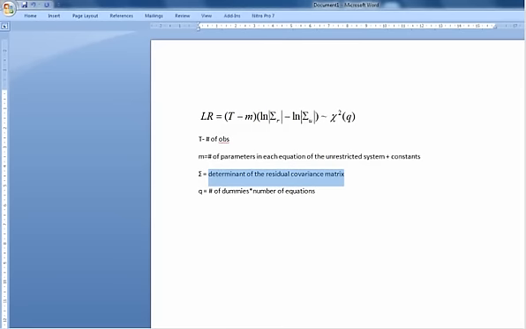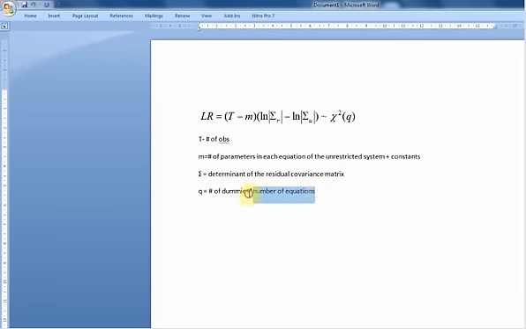Now the Q here is the number of restrictions, or sorry, it's not restrictions, it's the degrees of freedom in the chi-squared distribution. That is equal to the number of dummies I'm including in my VAR model times the number of equations.